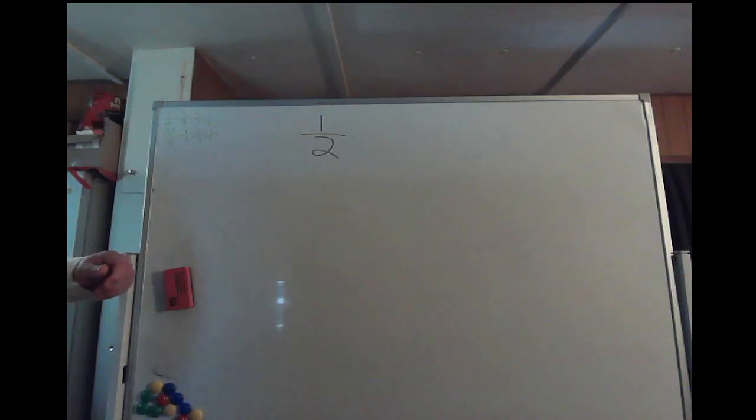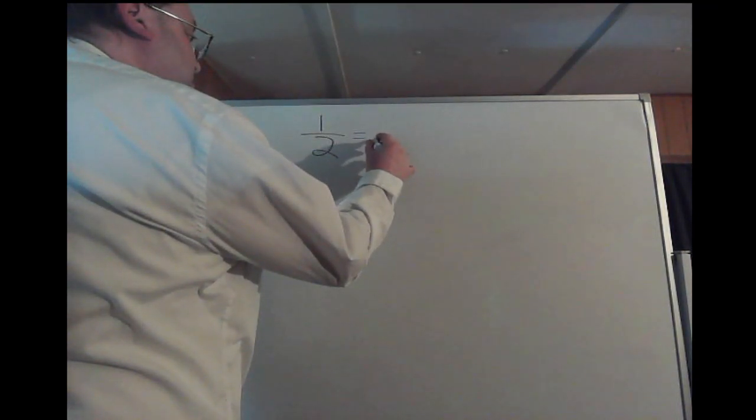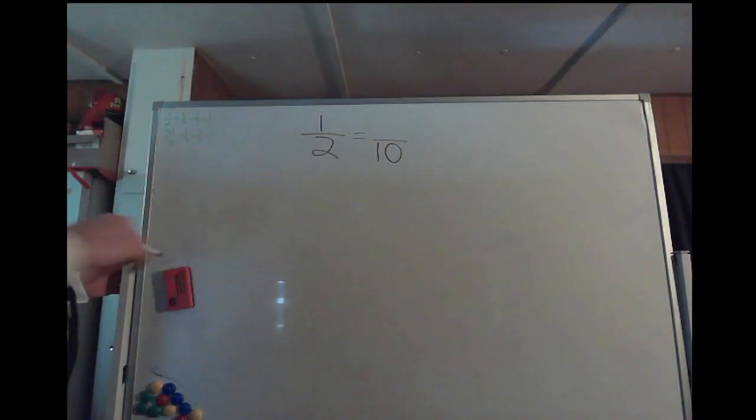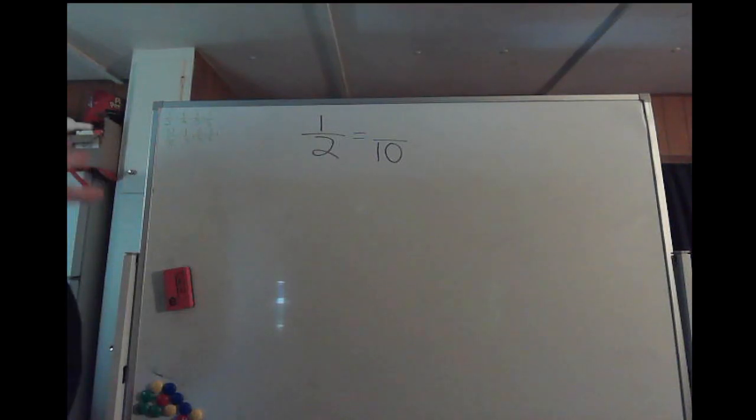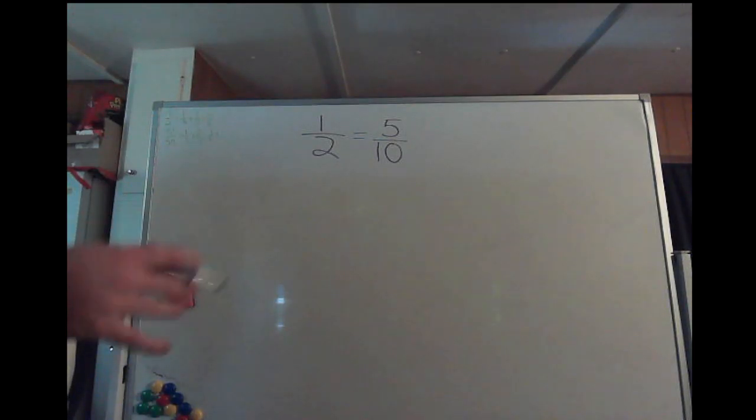So let's start with 10. Does 2 go into 10 at all? It does, 5 times. So if you multiply 2 by 5, you'll get 10. So the denominator will become 10, but of course, since we've done it to the denominator, we got to do it to the numerator. 1 times 5 is 5. Alright, so 1/2 equals 5/10.